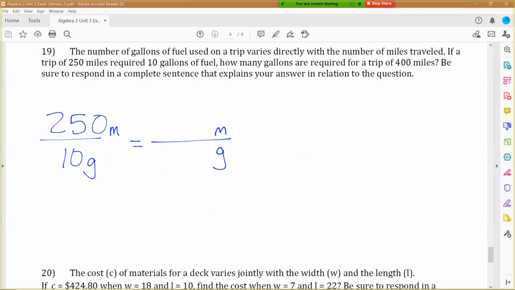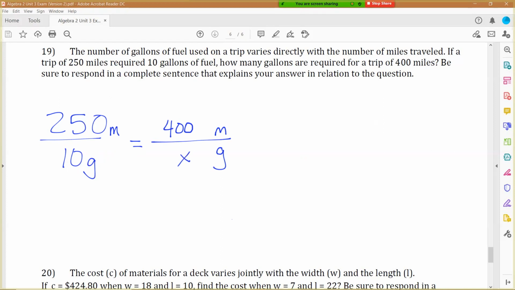Well, which one of those 2 numbers do we know? The miles. So we know they're wanting to travel 400 miles and they're trying to figure out X number of gallons. Can I just leave it as G? You could just leave it as G, that's fine. And then you're going to cross multiply.